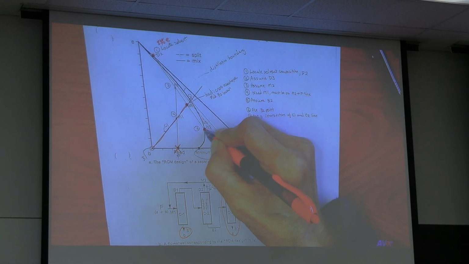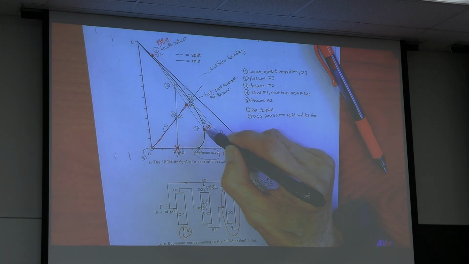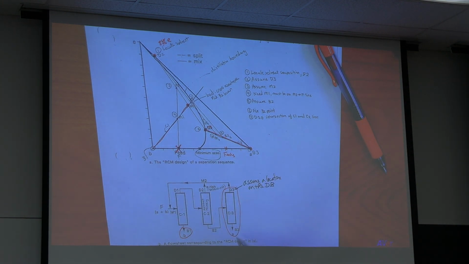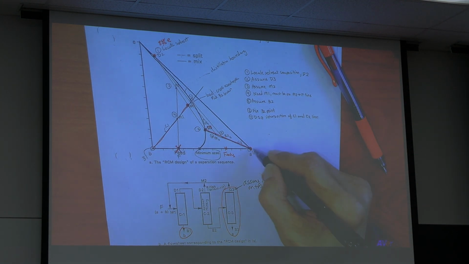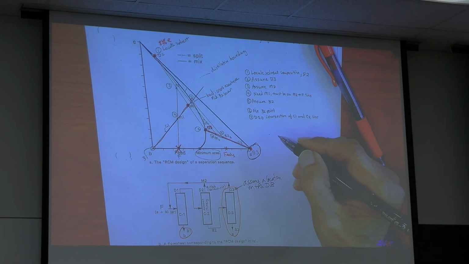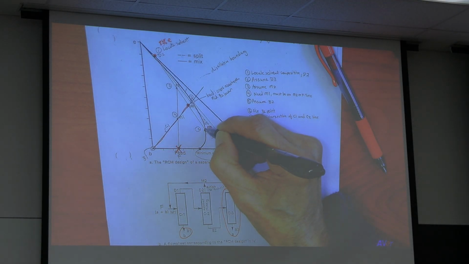I put D3 here. So this column gives you an A product plus D3.